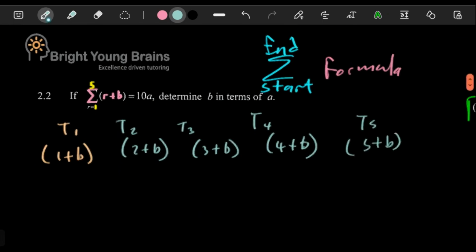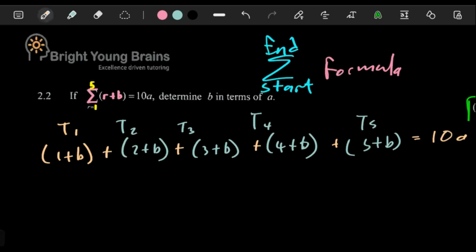Because this is a sigma expression, you have to add all these up. They said that after adding up everything, it gives you 10a, so this is equal to 10a. They say determine b in terms of a.